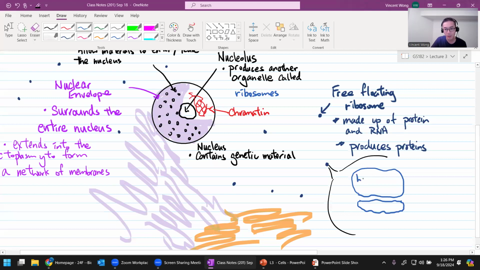The top bun is called the large subunit, and the bottom one is the small subunit. The burgers are usually separated, but when they need to make proteins, they come together and connect the amino acids together. So even though ribosomes are really small, if you zoom in and look at them, it's actually two parts, a big part and a small part, and they work together to produce proteins.